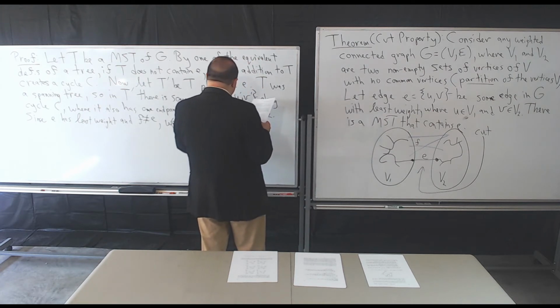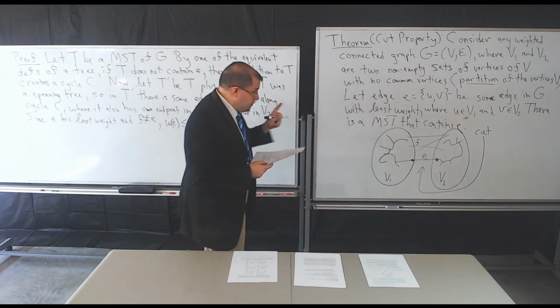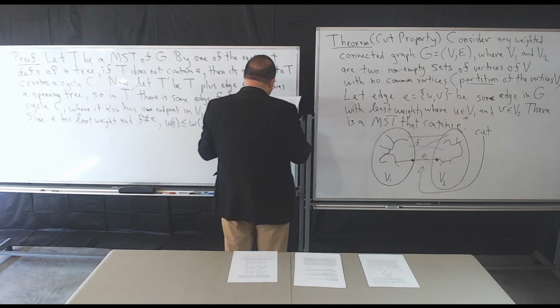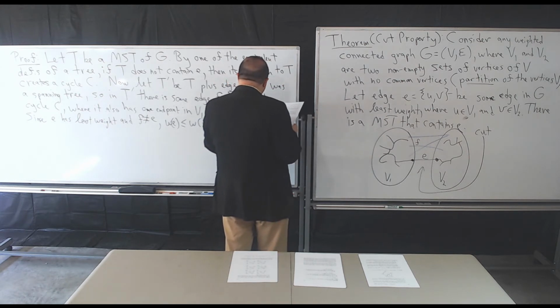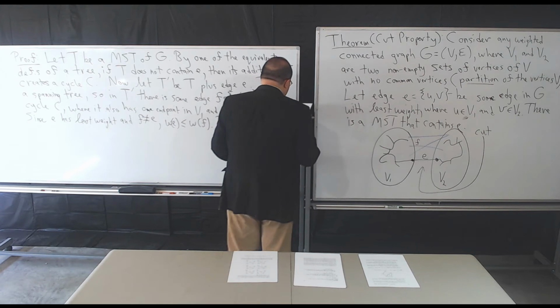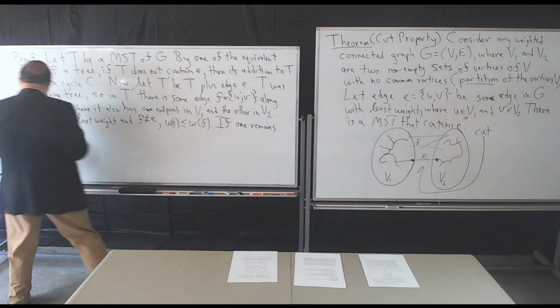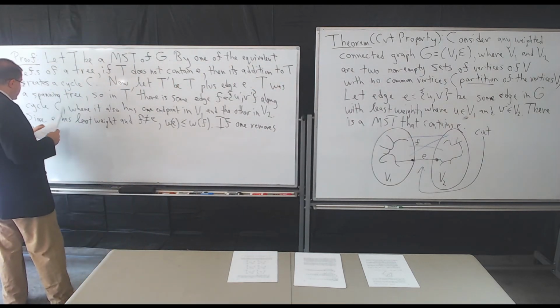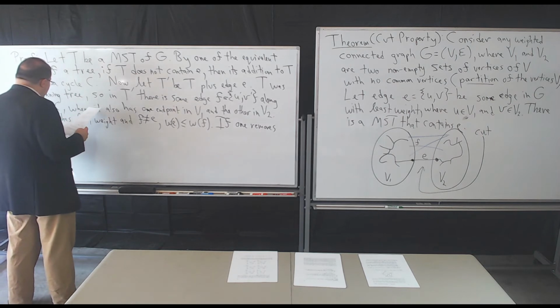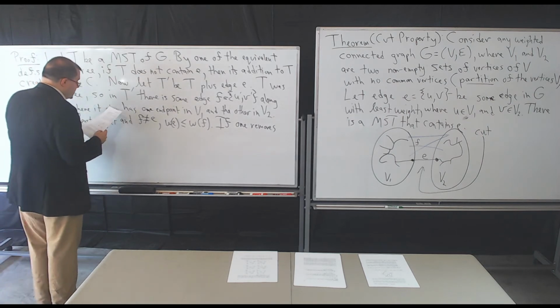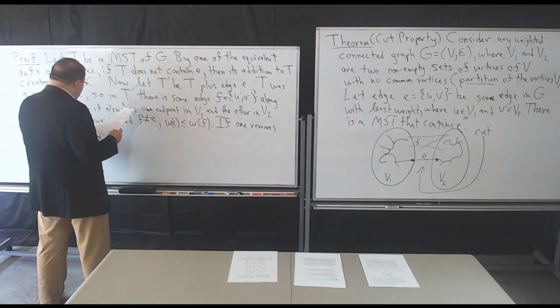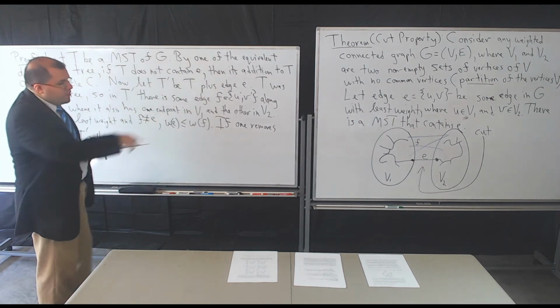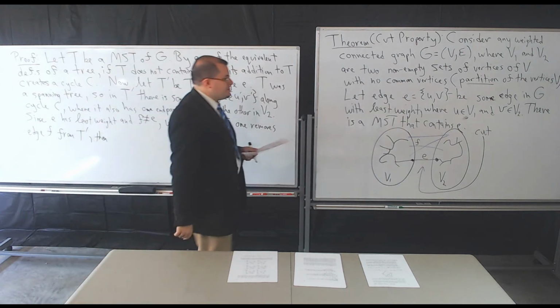So now this is where the neat trick comes in. I love this proof because of this neat idea. If one removes edge F from T prime, then what? So if I remove F, what should happen?